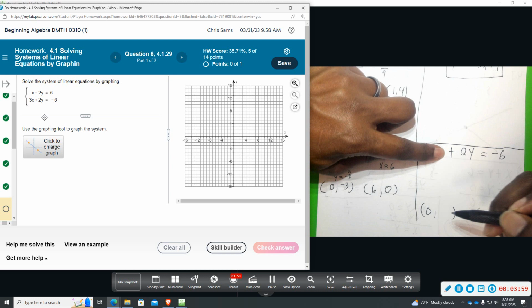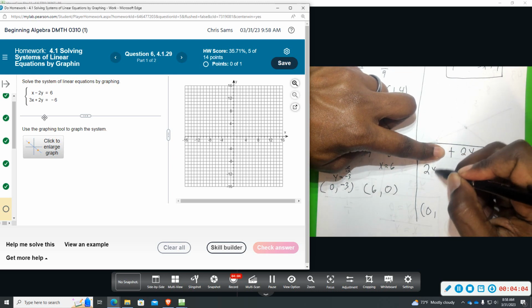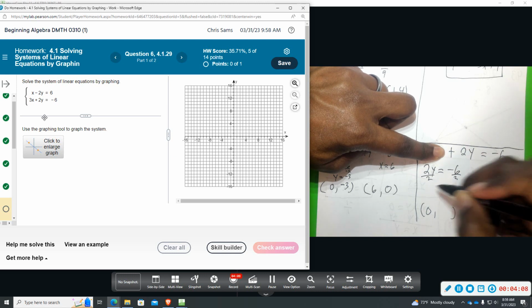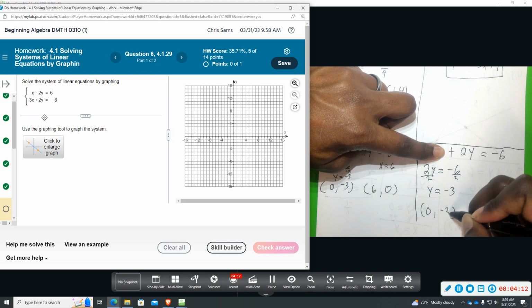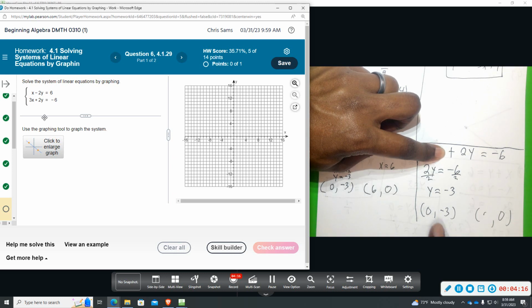So plug a 0 for x, we get 2y equals -6, sorry. Divide by 2, and we get y equals -3 again. And then, so right now I can probably see where the intersection is. They got that same point.